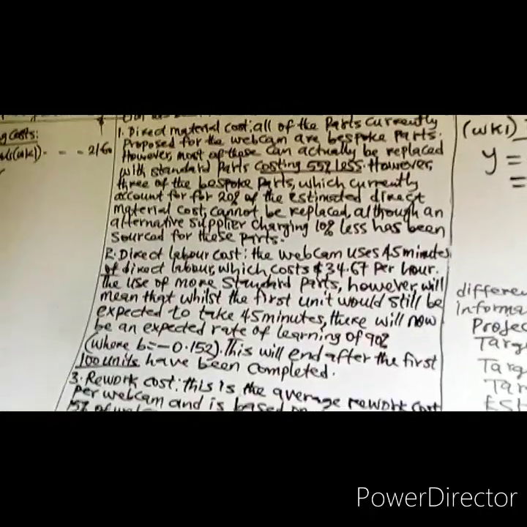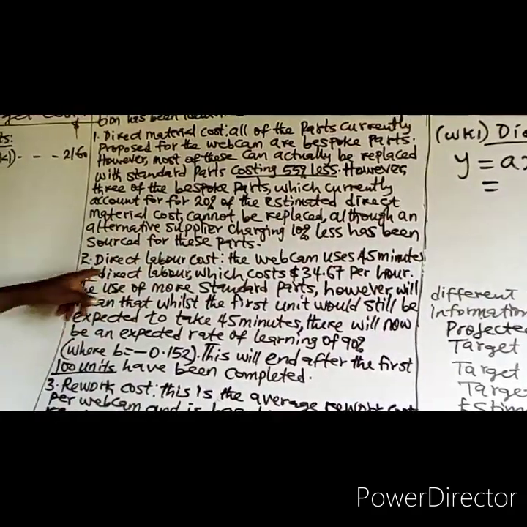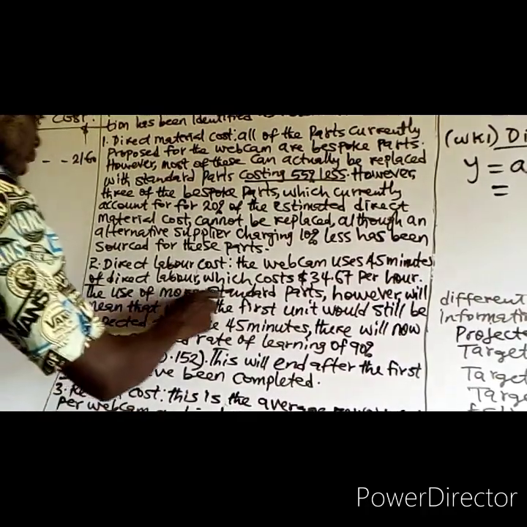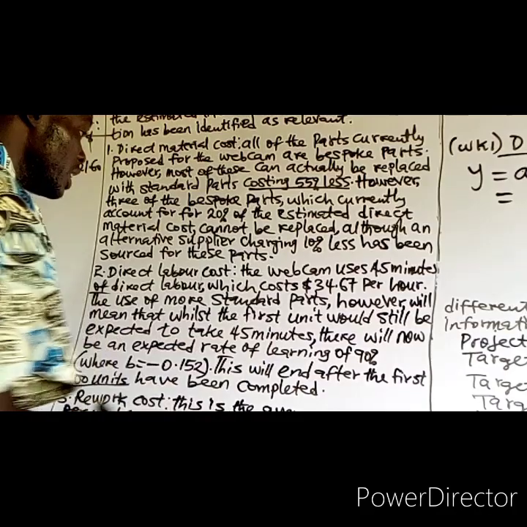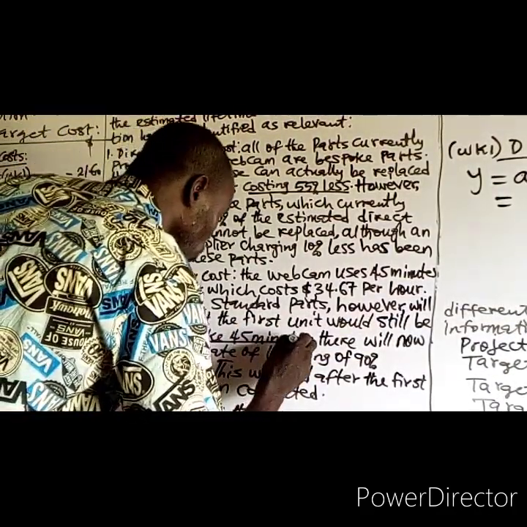Now let's go through the question. The webcam uses 45 minutes of direct labor. The first unit will take 45 minutes, so a is 45 minutes.